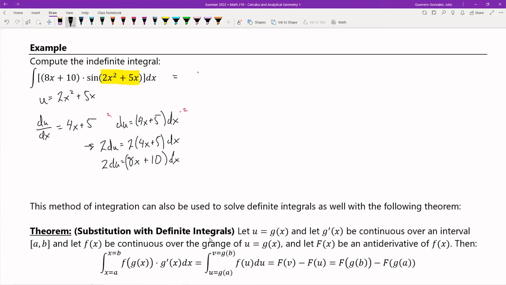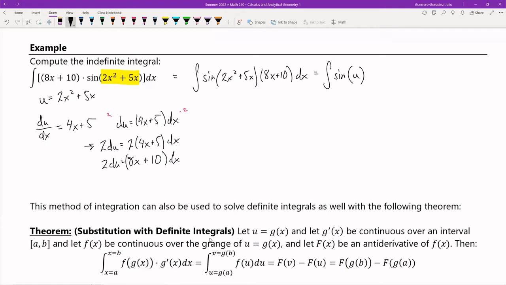Okay, so let's go ahead and go from here. This is going to be the integral of the sine of 2x squared plus 5x. That's its own thing, right? And I'm going to group the other thing over here, 8x plus 10 dx. This is now equal to the integral of sine of my u, which is still there.